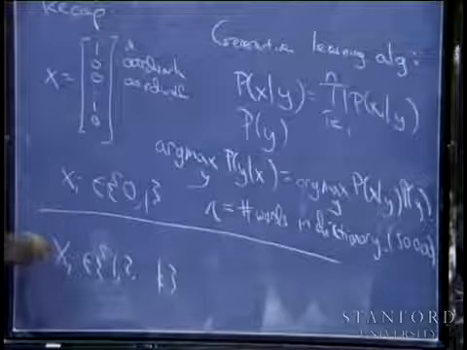So just be careful: x_j here has a very different definition from the previous event model, and n has a very different definition from the previous event model.